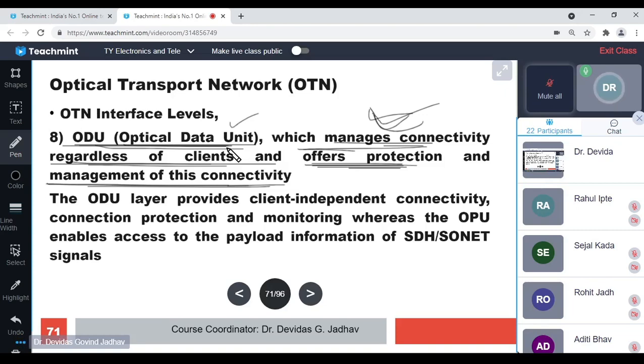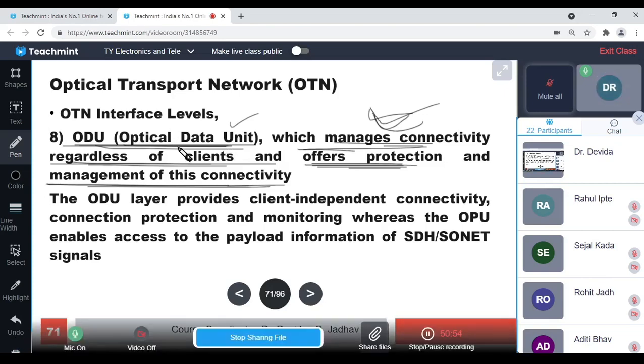Once it is established, it manages the connectivity for a long time, for whatever duration the communication is required. So ODU has the functions of managing connectivity regardless of the client, offering protection, and managing the connectivity continuously.